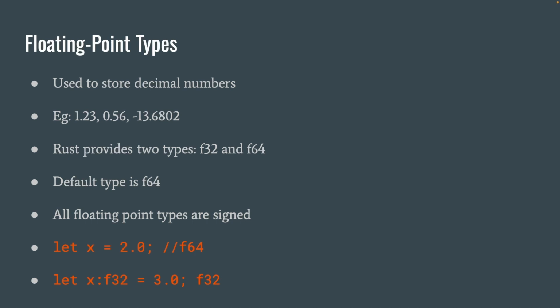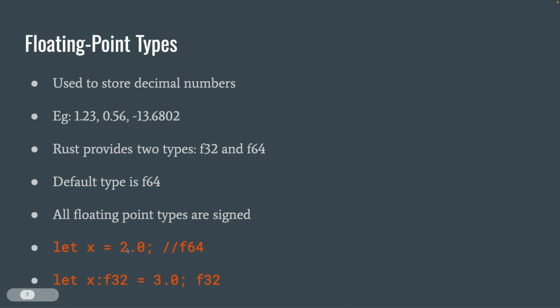All floating point types are signed. That means you can have positive floating point numbers, negative floating point numbers. There is no need to add U or I. It comes default.